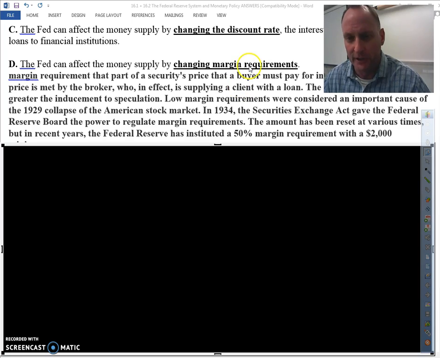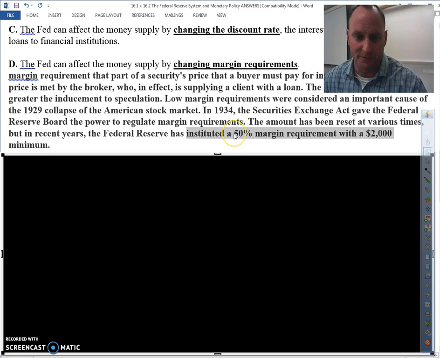The margin was 10% that you only had to pay. Theoretically then, that means people would be more willing to spend money in the market, and thus there would be an expansion of the money supply. Well, currently it's around 50%, and there's a minimum $2,000 investment.